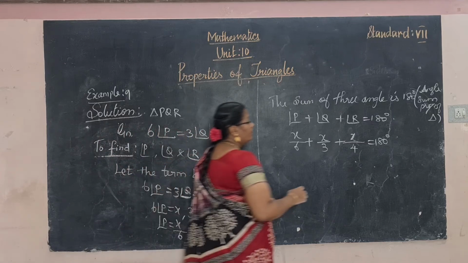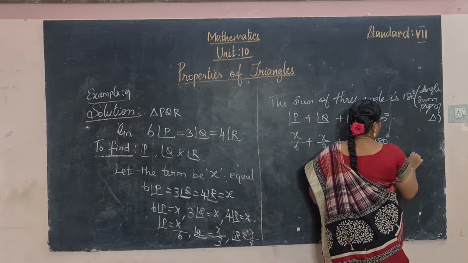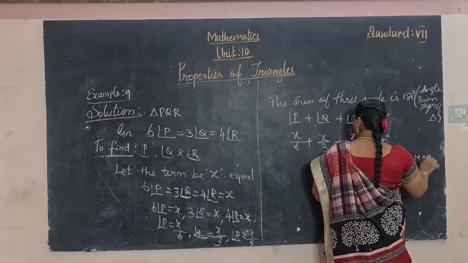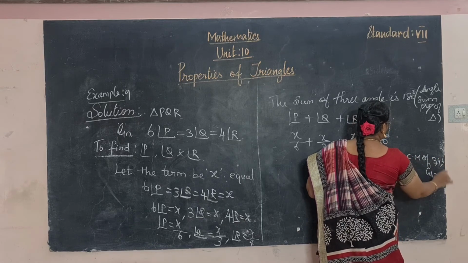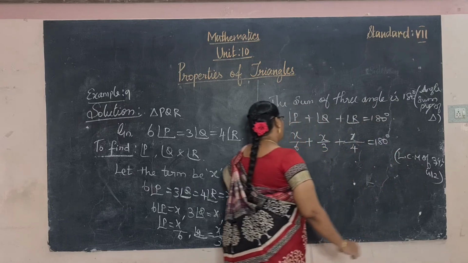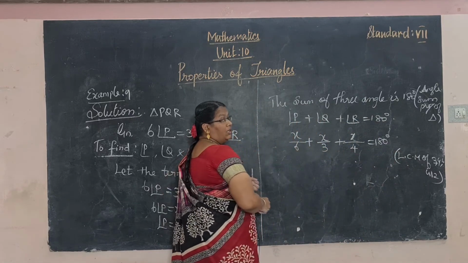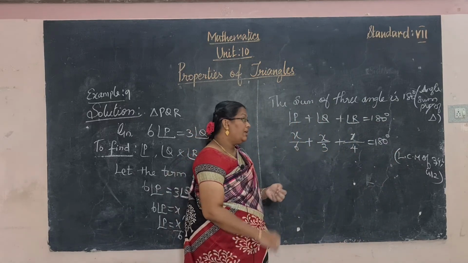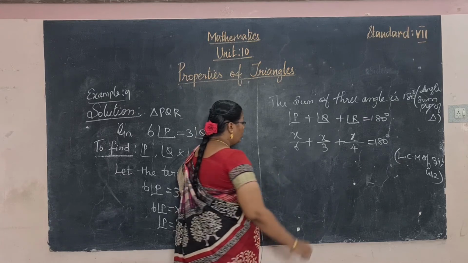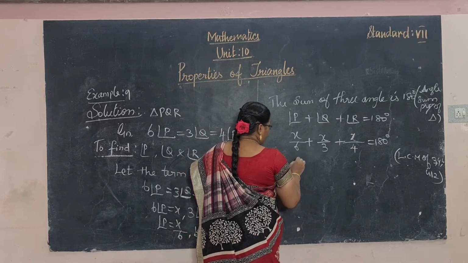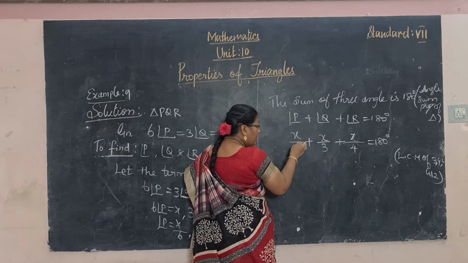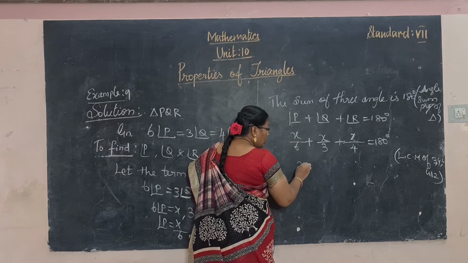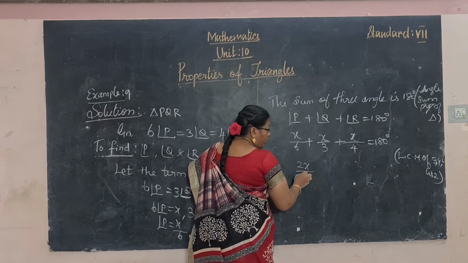The LCM of 3, 4, 6 is 12. For the first term, we multiply the numerator and denominator by 2, so 2x by 12.